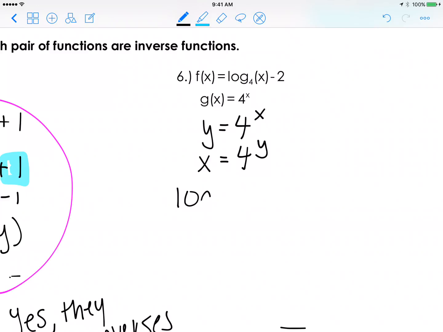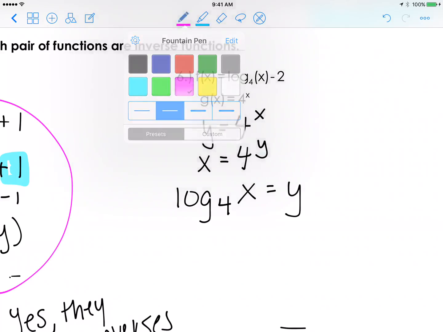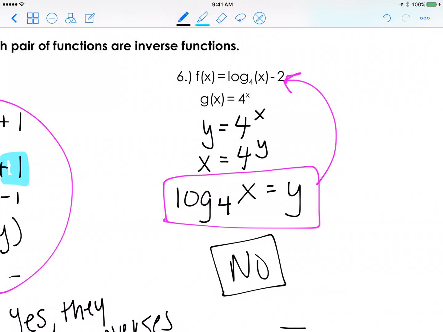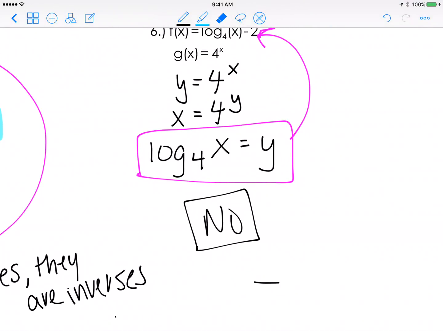So now I'm going to say log base 4 of x equals y. Is this the same as this log in our original? And the answer is no, they're not. They are not inverses of each other. That's all you have to do on this.